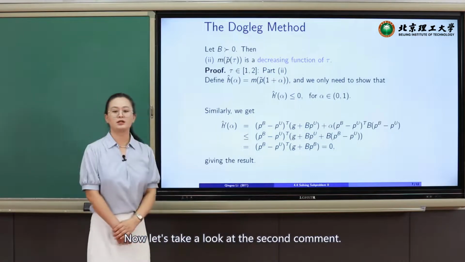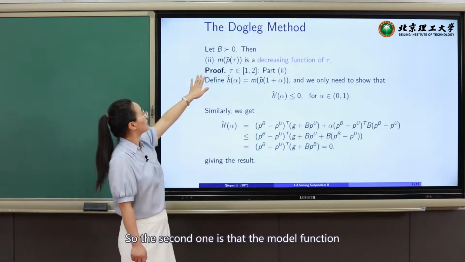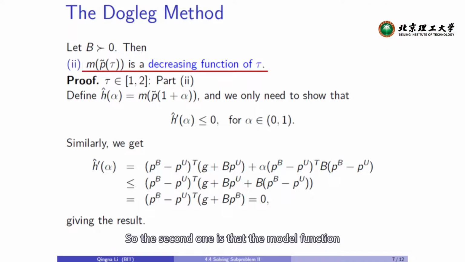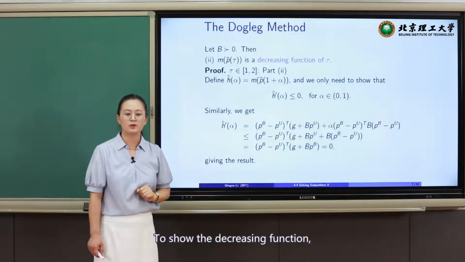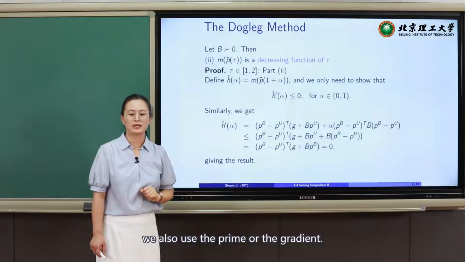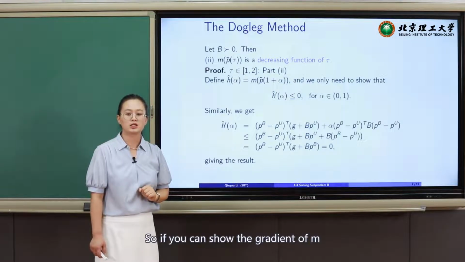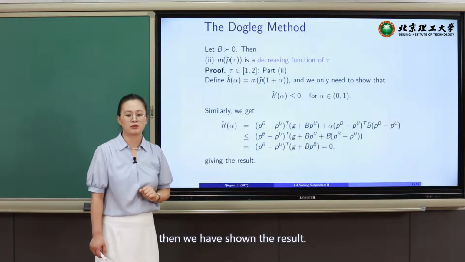Now, let's take a look at the second claim. The second one is that the model function with respect to tau is a decreasing function. To show the decreasing property, we also use the prime, or the gradient. If we can show the gradient of m with respect to tau is non-positive, then we have shown the result.